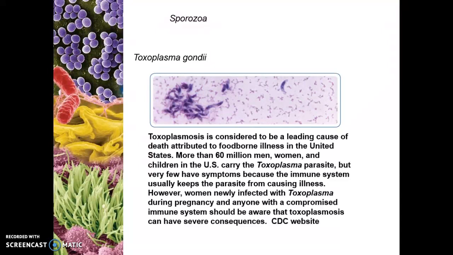So the immune system just keeps it at bay. However, women newly infected with Toxoplasma during pregnancy and anyone with a compromised immune system should be aware that toxoplasmosis can have severe consequences. And with the newly infected pregnant women, the issue is that this organism that you see right here can cross the placenta.